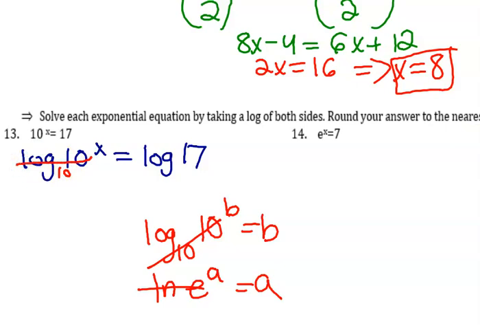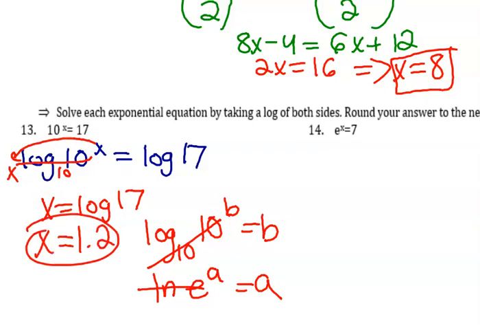You can cancel that out, and then you have x equals log of 17. Or you can, again, put the x in front, like so. You've learned that before, and then the same thing, this cancels out, and you have x left over. Then x equals log of 17, and then let's solve that by plugging it into the calculator. And your answer is x equals 1.2.